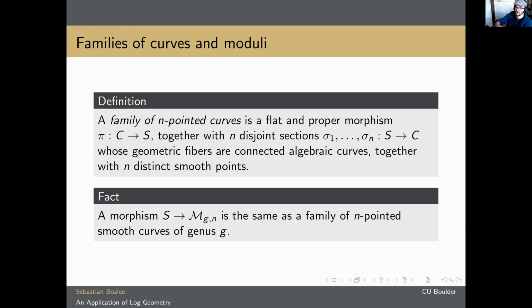And then if you move the point in the base, you're changing that curve in a continuous way. So it should be a lot like a continuous map to M_{g,n}. For the experts, this is good enough to function as a definition of M_{g,n}, rather than a fact about it.